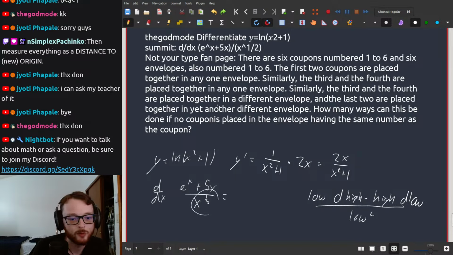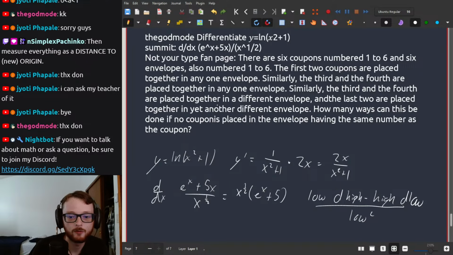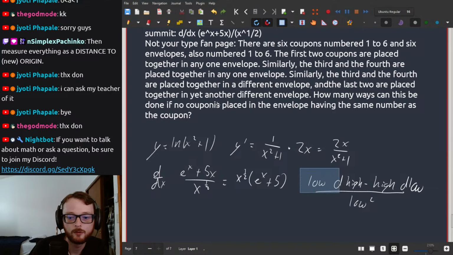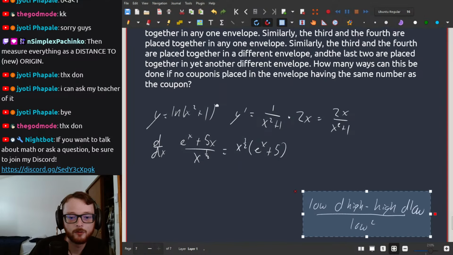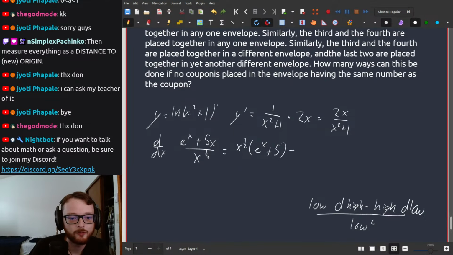So low is x to the 1/2. Derivative of the high, so derivative of this. Derivative of e to the x is e to the x. Derivative of 5x is just 5. Now minus high, e to the x, remember your parentheses, plus 5x.